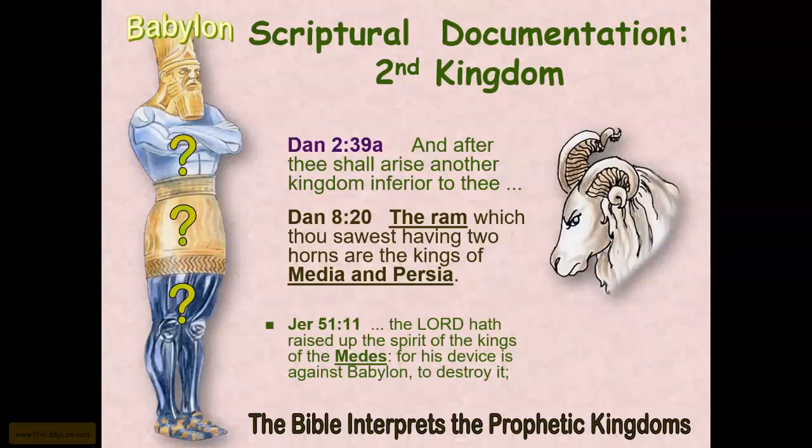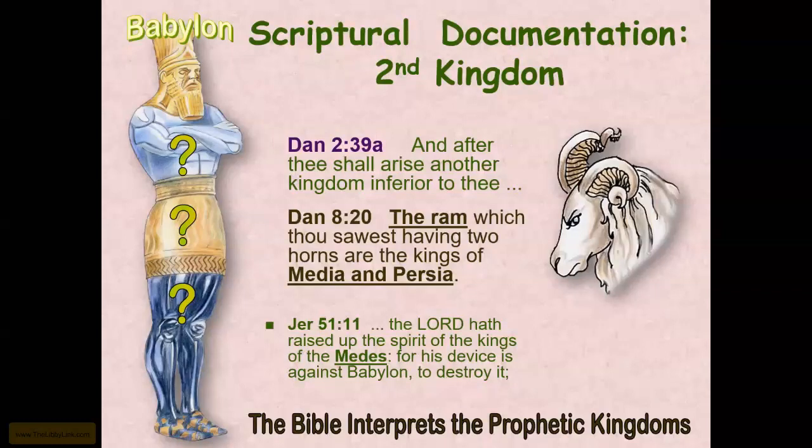For scriptural documentation, the second kingdom, if you continue to read Daniel 2:39 and Daniel 8:20 and Jeremiah 51:11, please. And after thee shall arise another kingdom inferior to thee. Daniel 8:20.